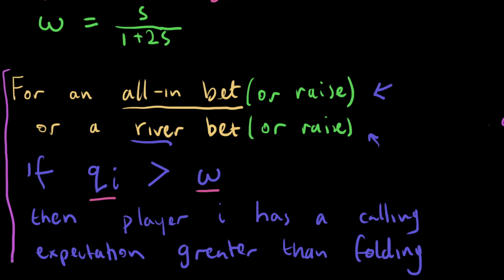For now, you can basically say that if we're facing an all-in bet or raise on a non-river street, or we're facing a river bet or raise, and the equity is more than the pot odds, then that player should at least call. There is still the option of raising all in in certain situations, for example in river bets that aren't all in, but basically we have the option to call instead of folding.